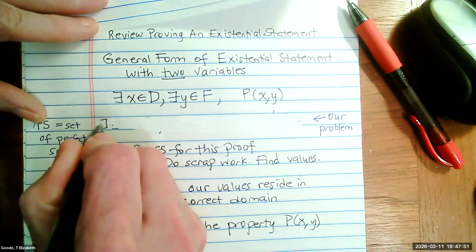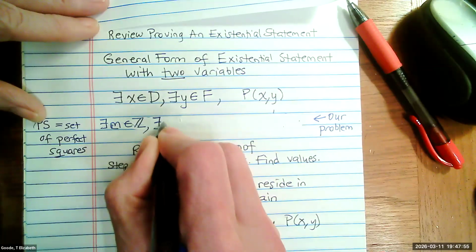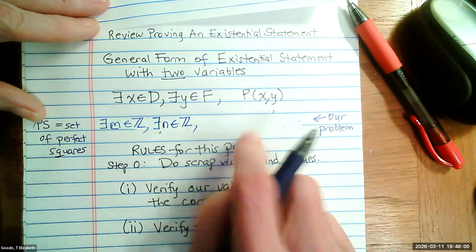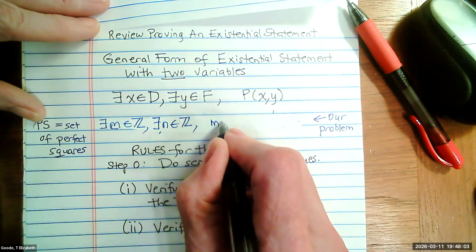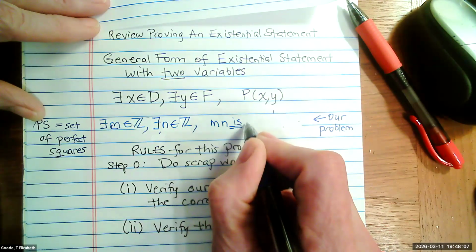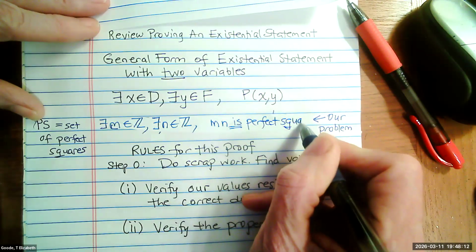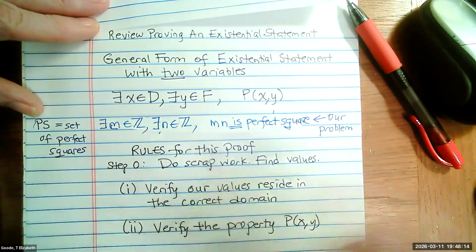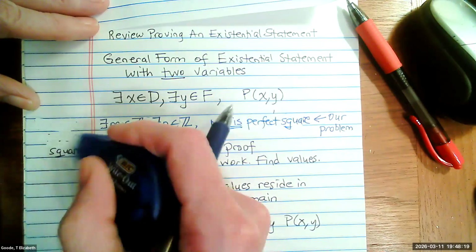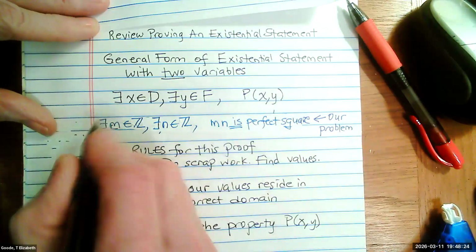There exists an M in Z and there exists an N in Z such that, and the property is a compound property, that MN is a perfect square. I'm not even going to use this anymore, because I think it just confuses the matter. See, even an old pro like me can make a mistake.